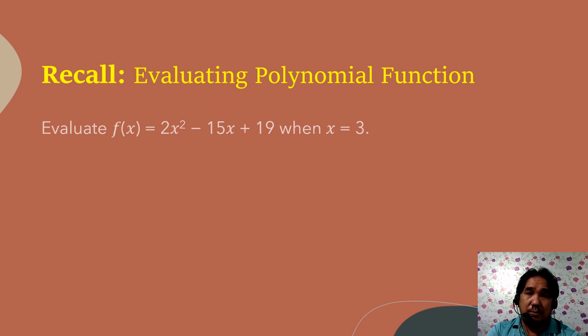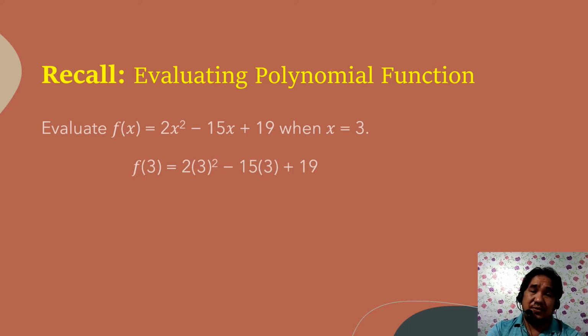If you remember, all we have to do is simply change all the x values by 3. So instead of f of x, it is now the function of 3, where the value of x is 3.